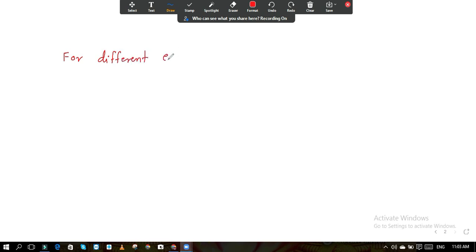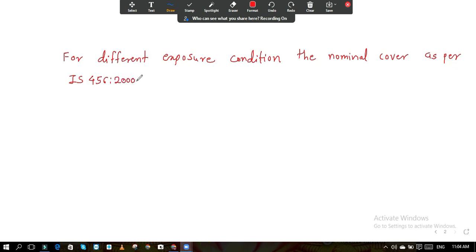For different exposure conditions, depending upon the exposure conditions, the nominal cover as per IS 456 2000, this is also given in IS code. What does IS code say?